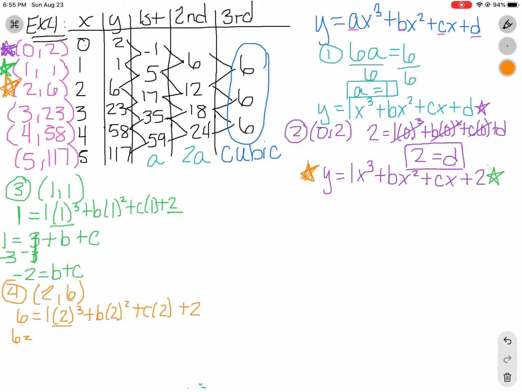So I have 6 equals, this is 8 plus 2, which is 10. So 10 plus 4b plus 2c. When I subtract 10 from both sides, I get negative 4 equals 4b plus 2c. I'm going to go ahead and divide everything by 2, just because it's going to make my life a little bit easier. So I have negative 2 equals 2b plus c.